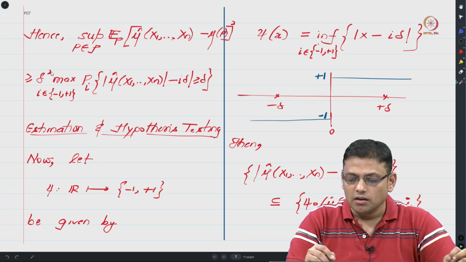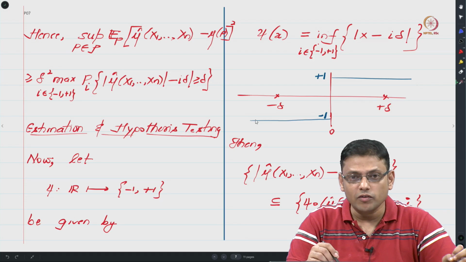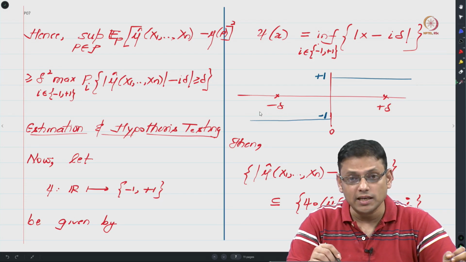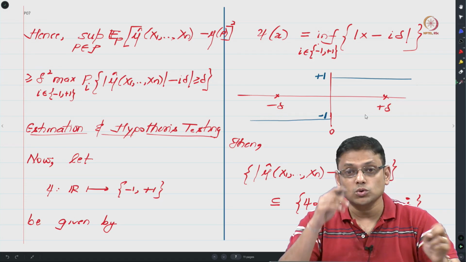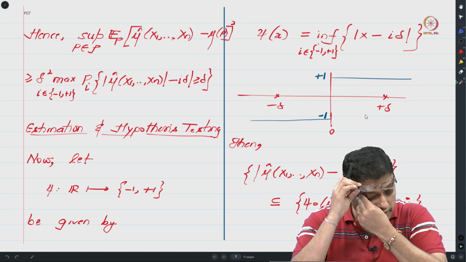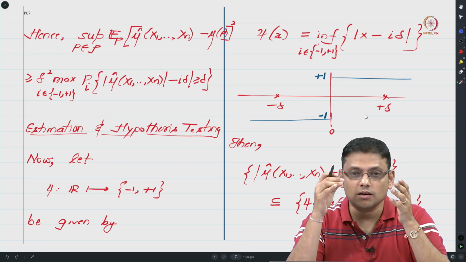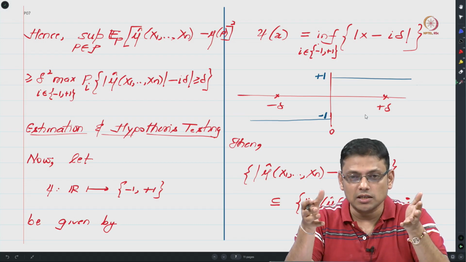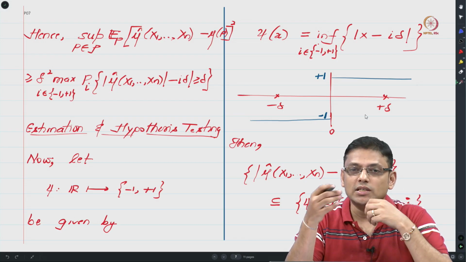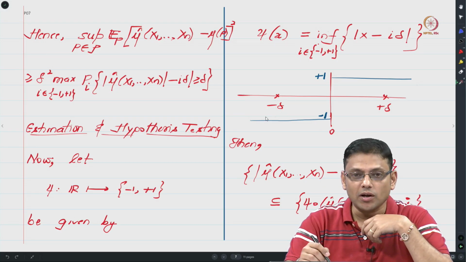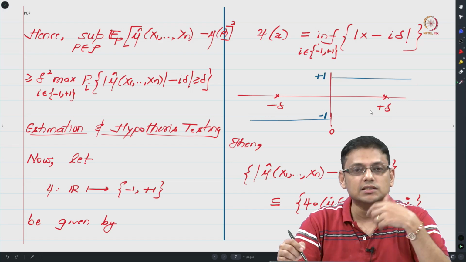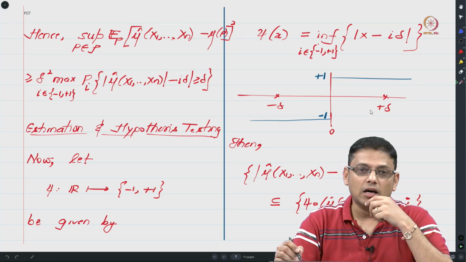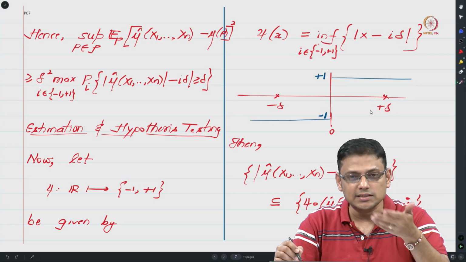So here we have been given two distributions, one whose mean is minus delta and the other whose mean is plus delta. And in hypothesis testing, whenever we observe some samples, we have to decide whether those samples come from this distribution or this distribution. Is this okay? So in some sense this is an easier problem.